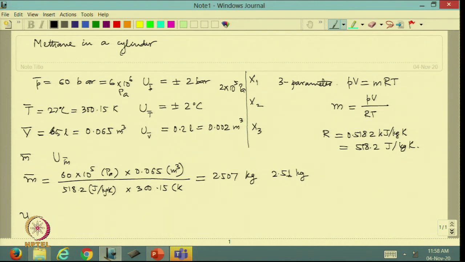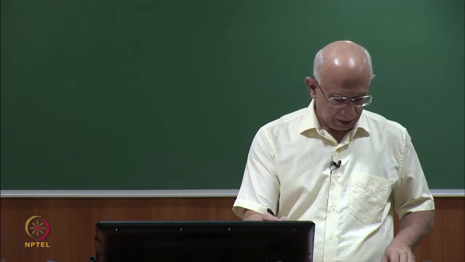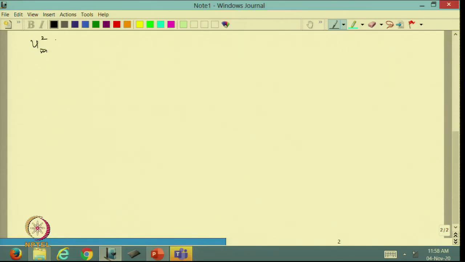In the first case, the full way, our relation will become u m bar square is equal to theta p into u p bar square plus theta v into u v bar square plus the same thing for temperature. We need to calculate three sensitivity coefficients.